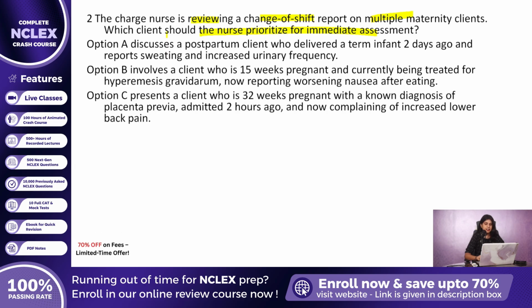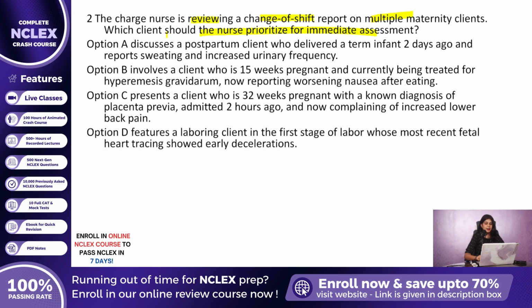Option C presents a client who is 32 weeks pregnant with a known diagnosis of placenta previa, admitted 2 hours ago, and now complaining of increased lower back pain. Lastly, Option D features a laboring client in the first stage of labor whose most recent fetal heart tracing showed early decelerations.